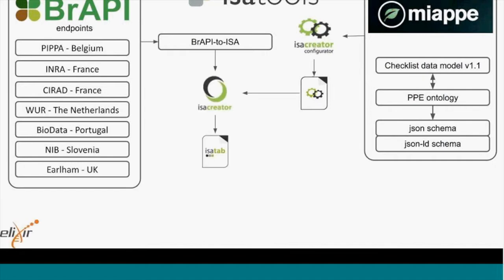If we now take these two things together, we can take the data from the breeding API endpoint, take the configuration, and using the ISA creator functionality, create the ISA tab files, which are the files that contain the complete description in an ISA compliant way of the experiments.